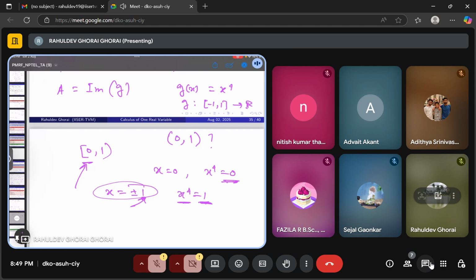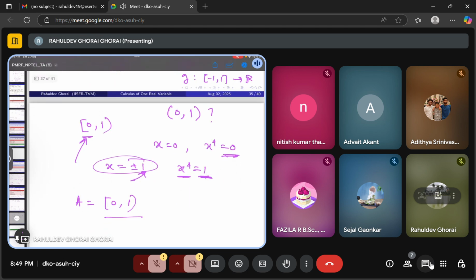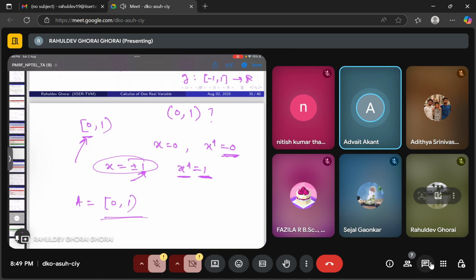So due to this, the image of Z, meaning A, will be nothing but this type of set. Whether this set is closed or open, can anyone tell? This is closed.